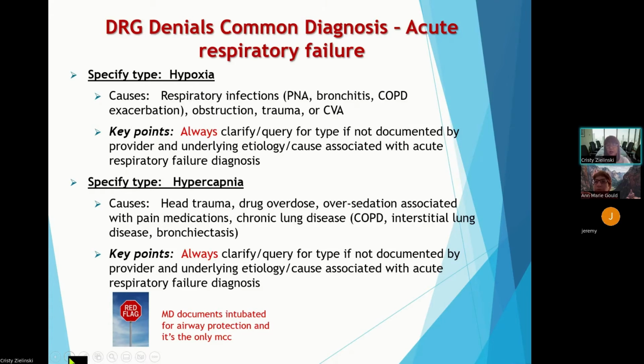So that's my dilemma. I got this patient, hypoxic, given O2, and then they document no respiratory distress, and respiration is normal. You just need to follow it up. That's what I'm trying to say.